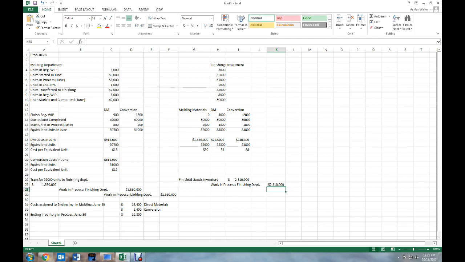So now we want to know the last part: compute the cost assigned to ending inventory. So this is our ending work in process. So our molding materials, we're going to have 2,000 equivalent units in there.